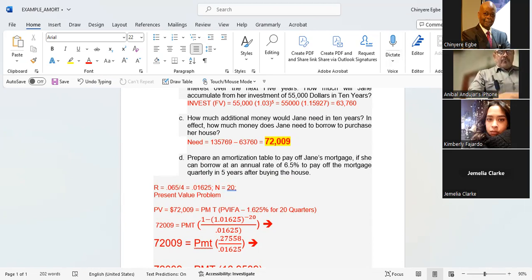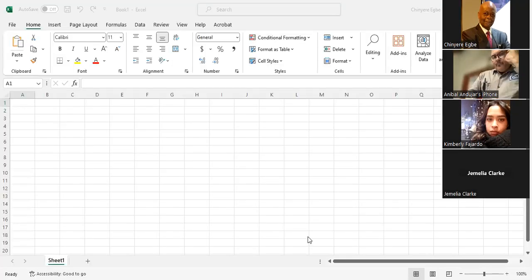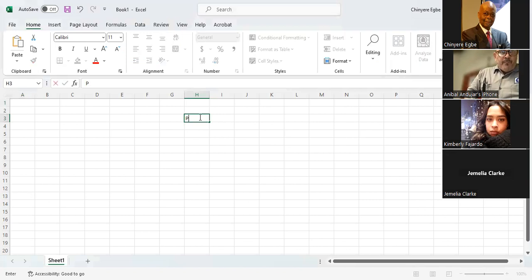So let us stop this share and pull up an Excel file and set it up. I'm going to start a new share. All right, so we have a new share. And so you will say the period.